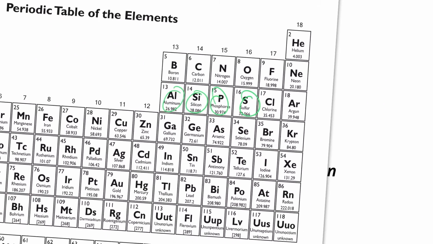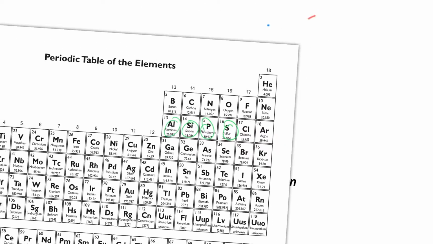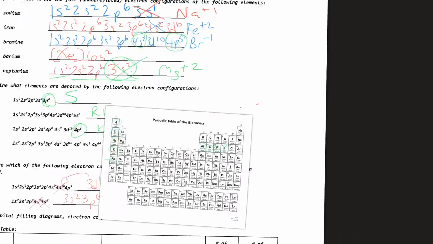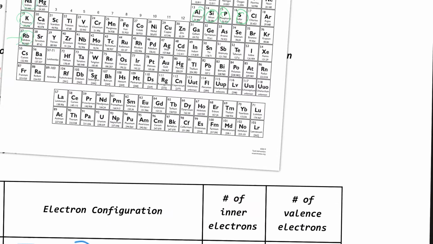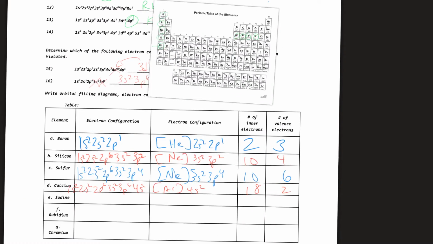Iodine, let's look at where iodine is, number 53. I'm just writing out the abbreviated form. So we go up, it's Kr. Everything up to Kr is filled.